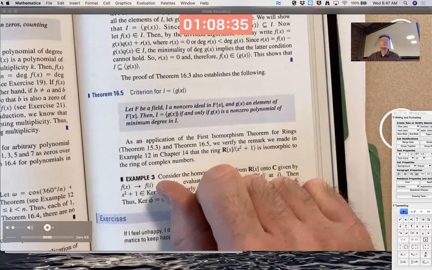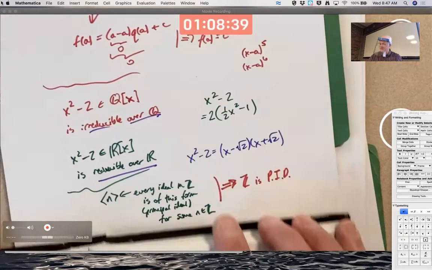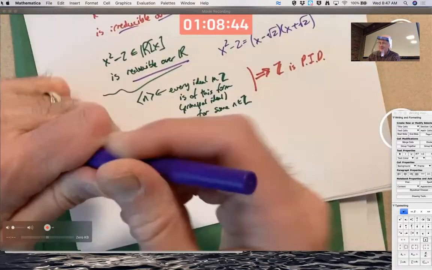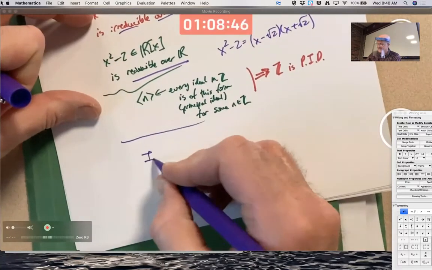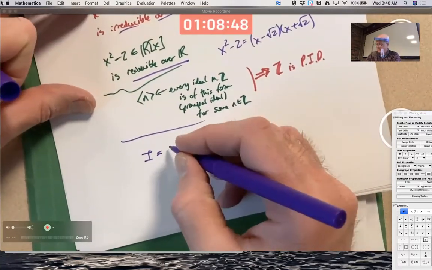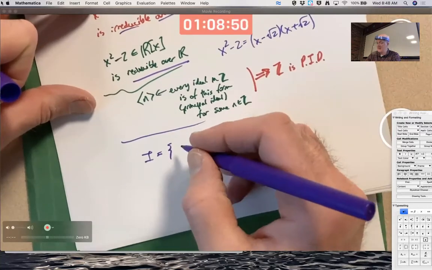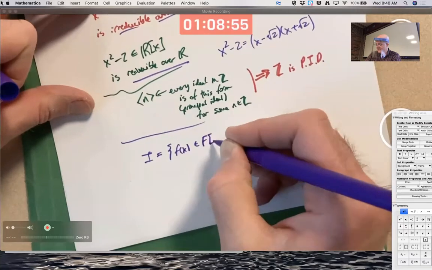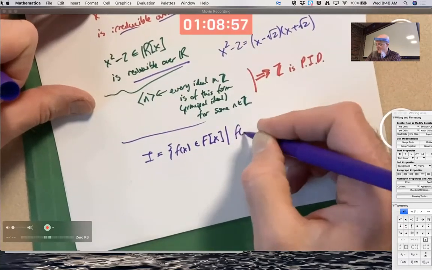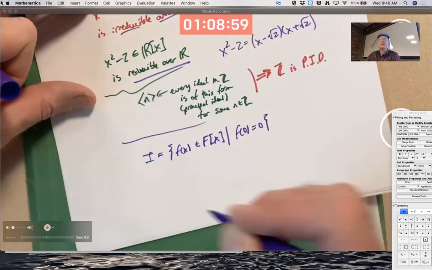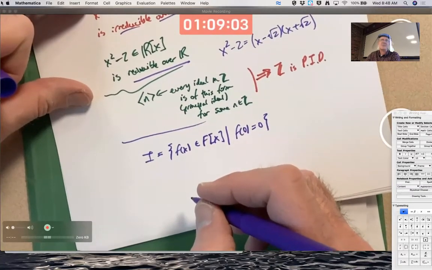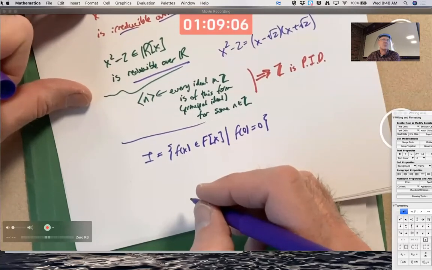I, for example, might be described as all polynomials in F[x] that have 0 as a root. That might be the way I is described. The set of all polynomials in F[x] such that f(0) equals 0. If you graphed the polynomial, the origin would be a root, a 0.